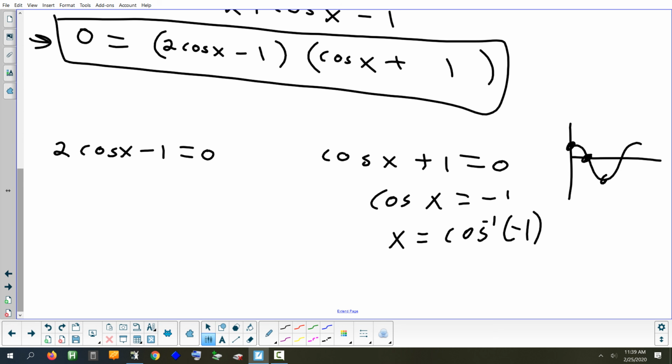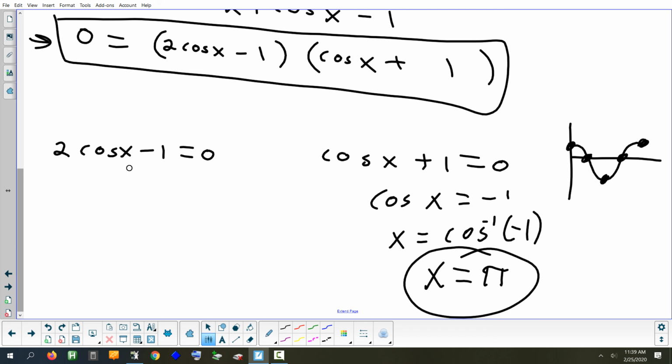Start, quarter, half, 3/4, end. Where is cosine equal to -1 here? Yeah, at pi. If you were thinking 180, you're not wrong. You just wrote it in degrees and they want radians. So pi.